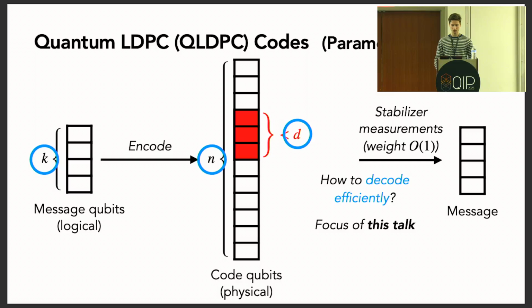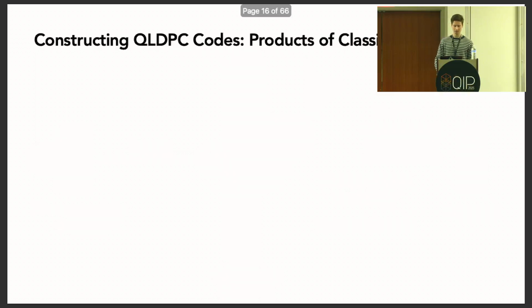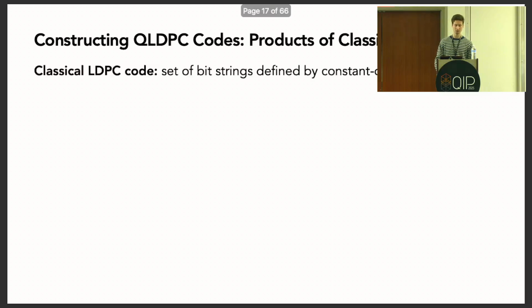So to specifically describe which codes we're looking at and also why we're looking at these codes, I'll first briefly describe one of the most popular paradigms for constructing quantum LDPC codes, which is as products of classical LDPC codes. So a classical LDPC code is just a set of bit strings defined by a constant degree graph called a Tanner graph.